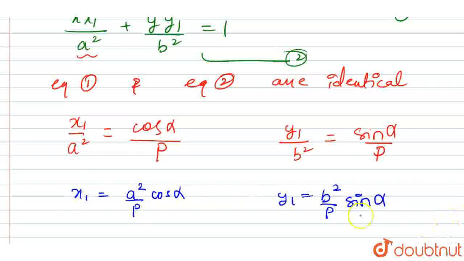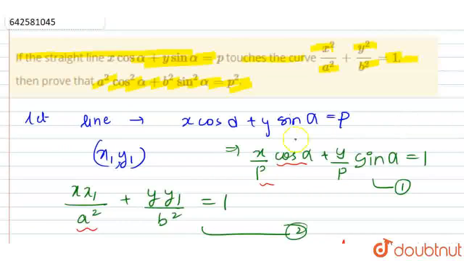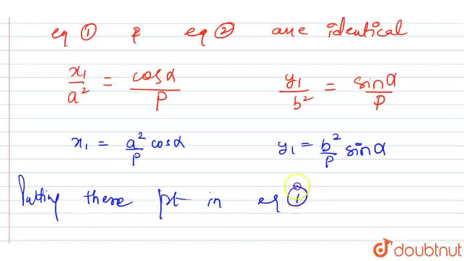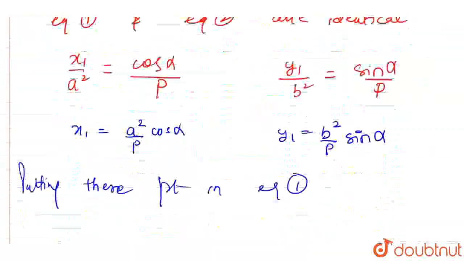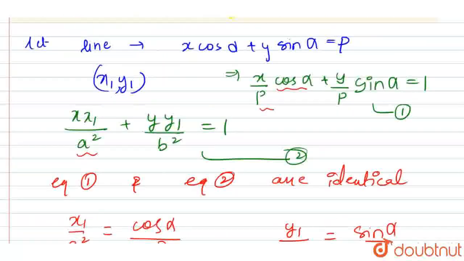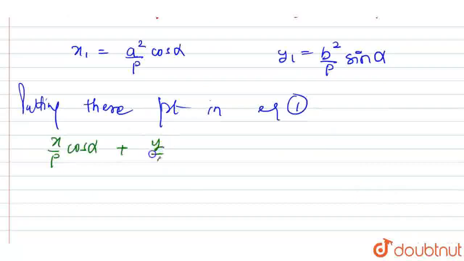Now putting these values of x1 and y1 in the equation of line, in equation 1, we will get x upon p cos alpha plus y upon p sin alpha is equal to 1, right?